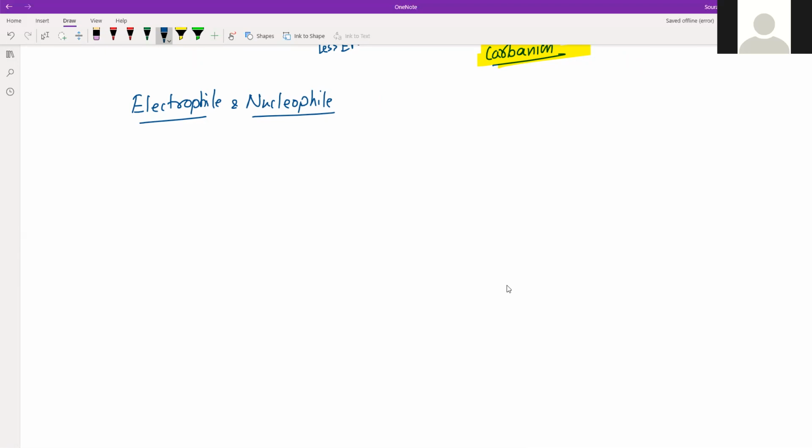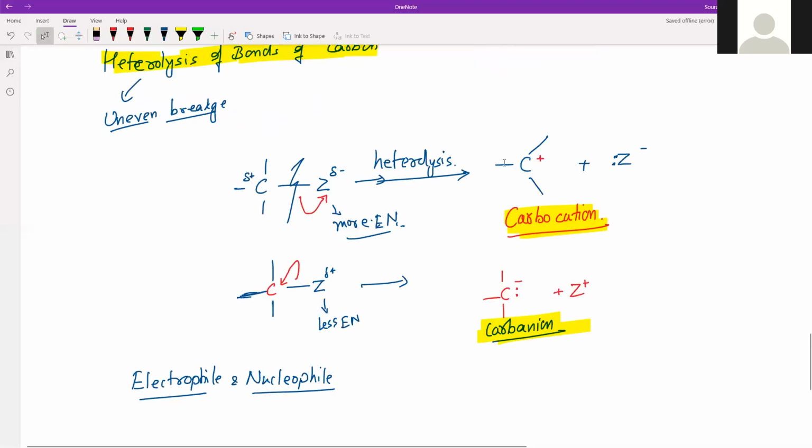Now, carbocations are electron seeking reagents. If we see the carbocation above, it is having a positive charge. So once a carbocation is formed, what will it look for? Because it is a positively charged carbon, it will look for some negatively charged entities which can donate their electron to this site of positive charge. That means from where the electron is gone.